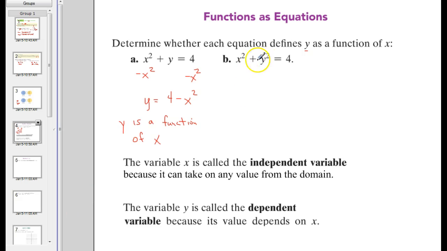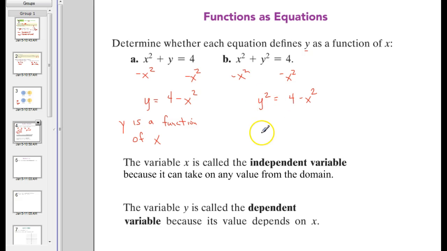Alright, now if we switch to b, if we solve this for y, I subtract x squared, just like I did before. It's almost the same equation other than the fact that we have a square here versus not having a square here.